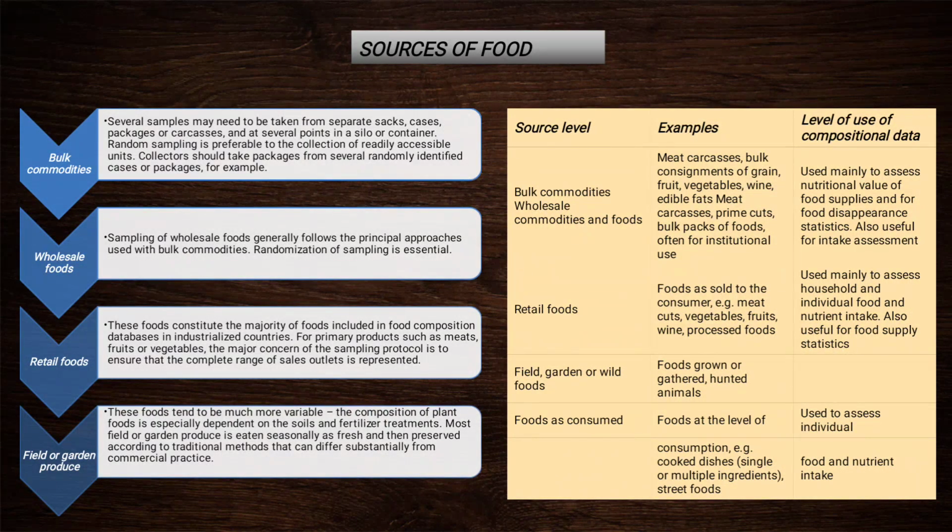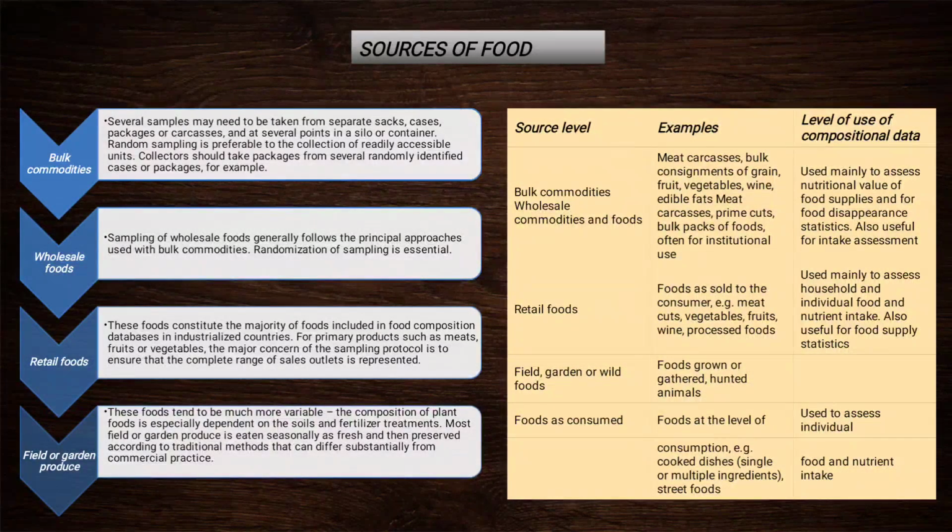Wholesale food includes the same as the bulk commodities, and random sampling is essential. Retail food constitutes the majority of foods included in food consumption databases in industrialized countries. For primary food products such as meat, fruits or vegetables, the major concern of the sampling protocol is to ensure that the complete range of sales outlets is represented.